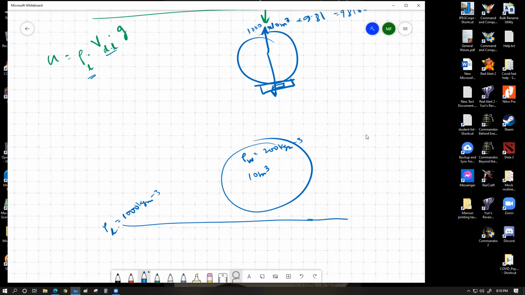Whenever we drop this sphere of wood into water, it's going to slowly start to go down. As the object goes down, it will start to experience a bigger upthrust, because the more it submerges under the water, the more the upthrust will become. This object, which has a density of 200 kg per meter cube, has a mass of 2000 kg.